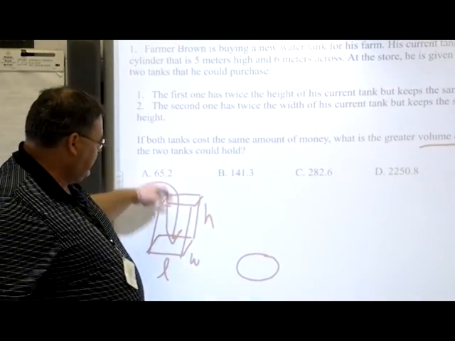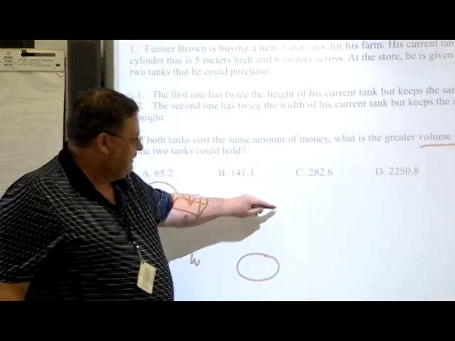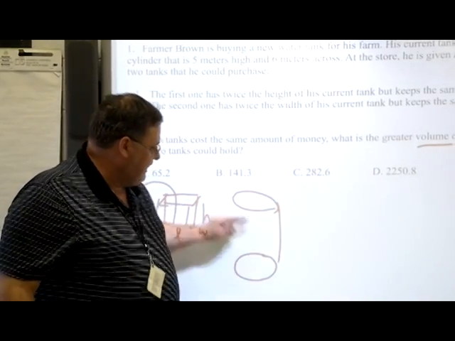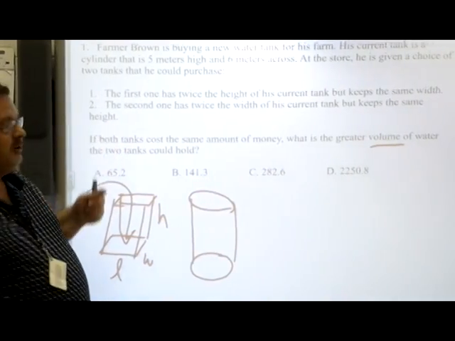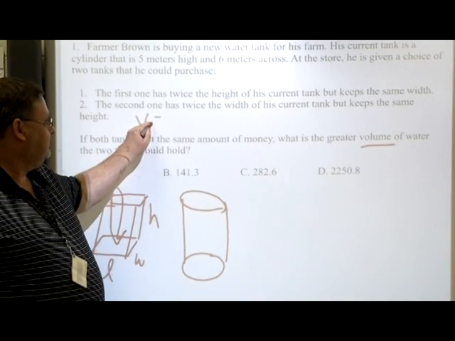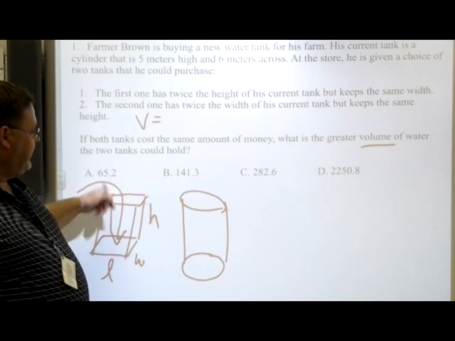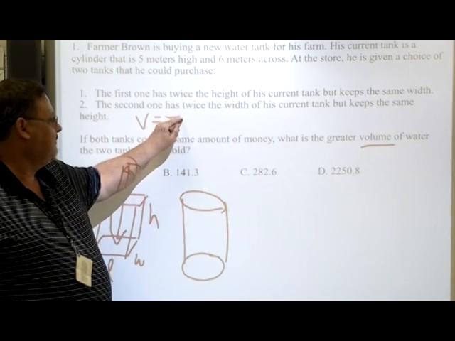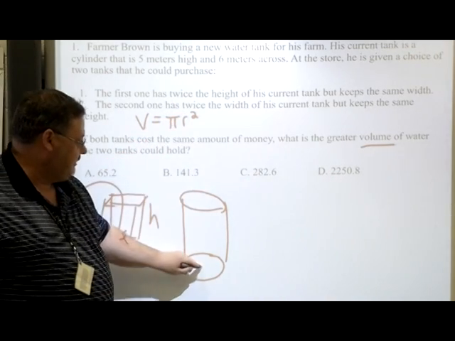Well, the base, or what I'm starting to fill up, is what's different, and it is in the shape of a circle. So the first thing I'm going to have to know is the volume for a cylinder is, that base is going to be pi r squared, or pi times the radius squared.